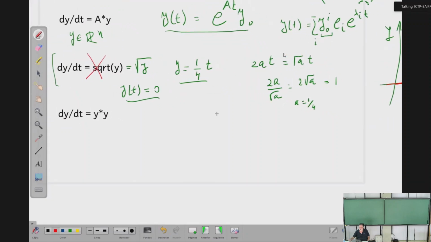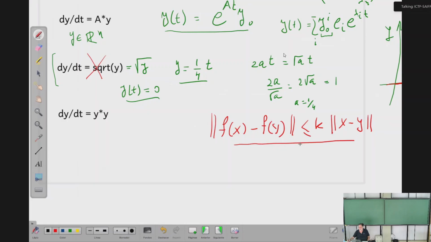A function is Lipschitz if the following happens. When you take any 2 points, nearby points, then this difference is less than some constant times x minus y. So a function satisfying this is Lipschitz.